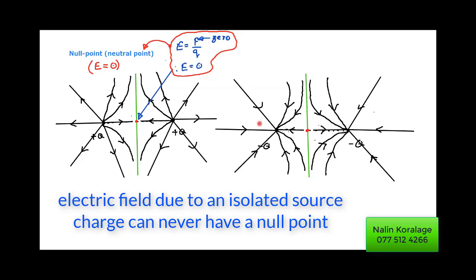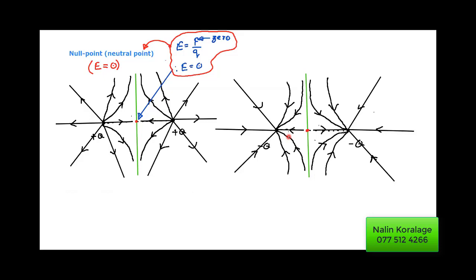Meaning, in order for you to observe a null point or a neutral point, at least there should be two electric fields, because at least there should be two forces for them to get cancelled. If there is only one force acting on that testing positive charge, there is no way of cancelling it. So in order to obtain null points, at least we need two charges.